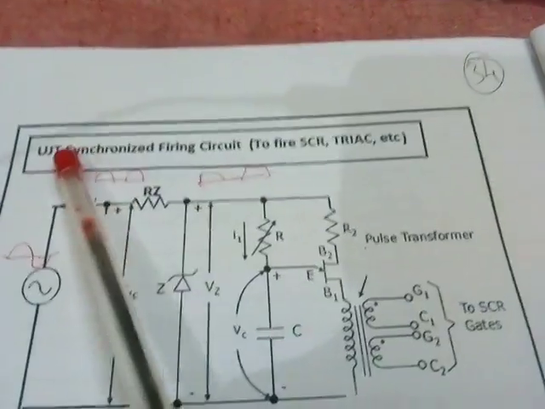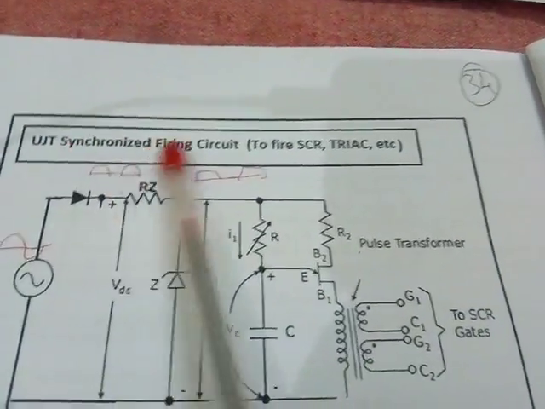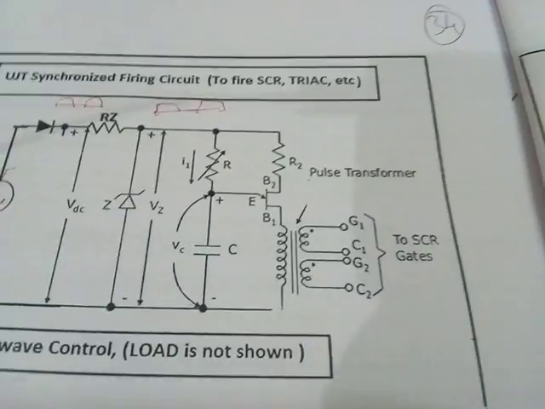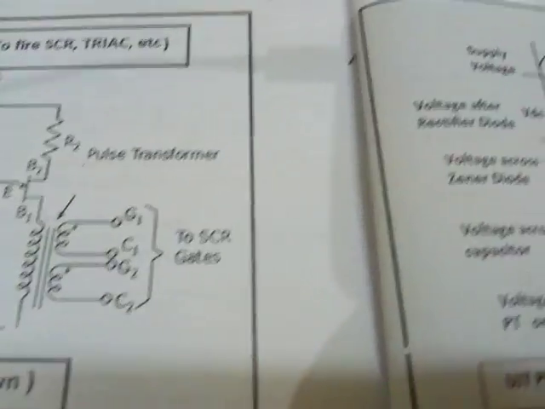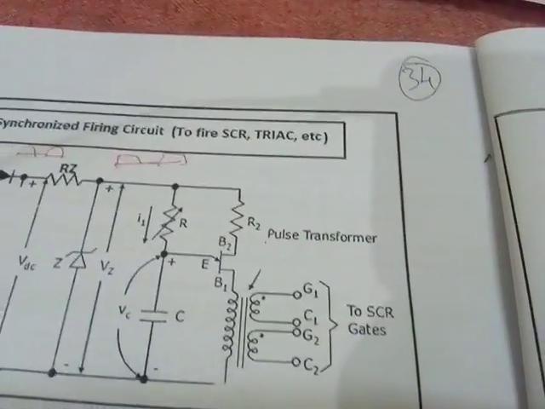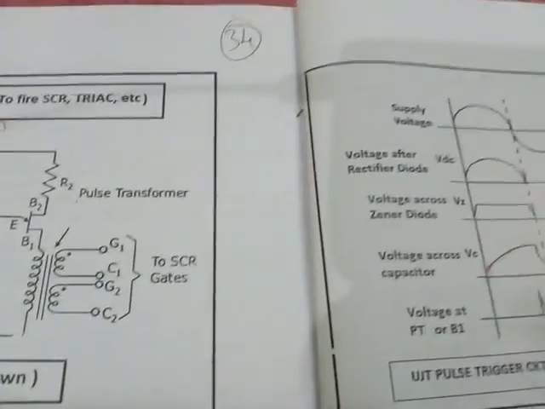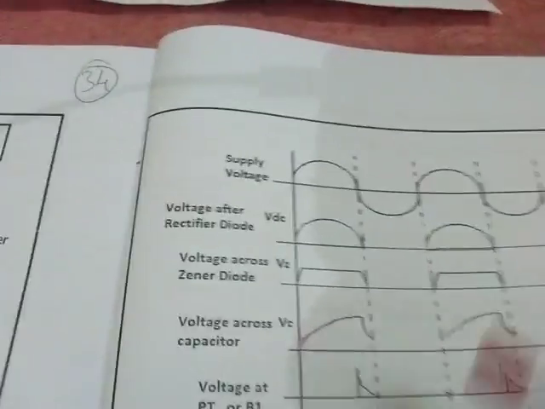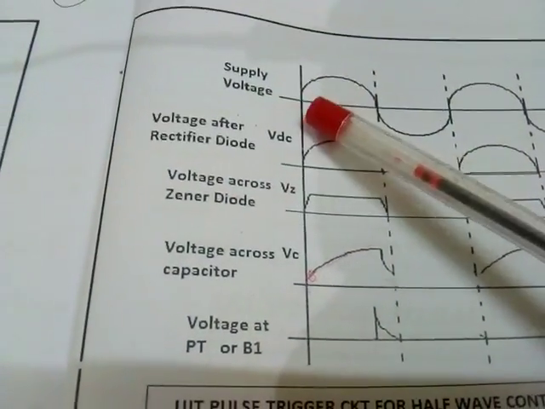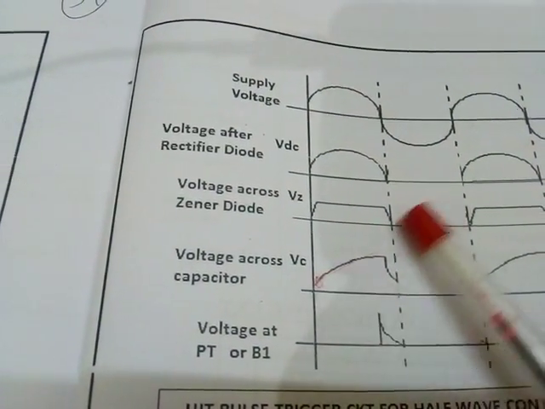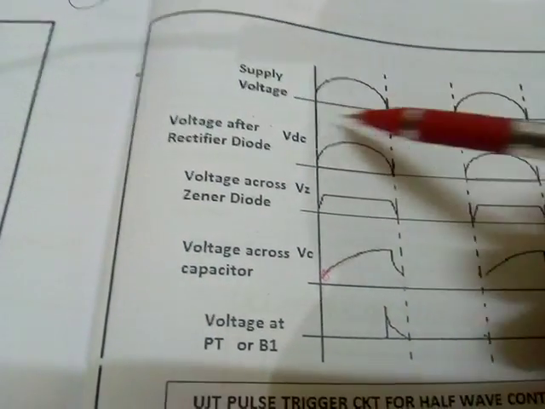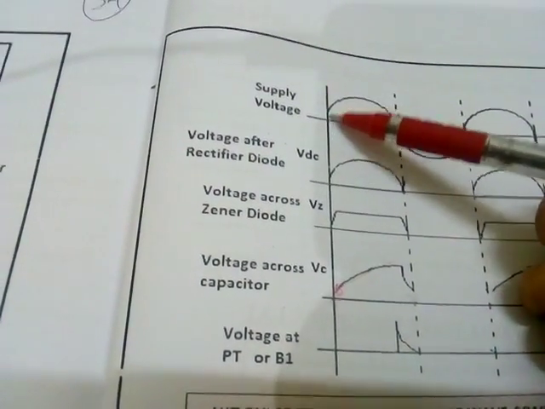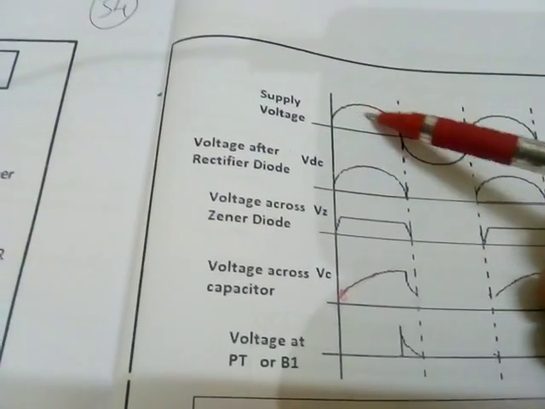This is called a synchronized firing circuit. The word synchronization is understood even if it is not said there, because in case of AC, synchronization is a must. It means the firing circuit or the instant of firing calculation is done with respect to the zero crossing of the AC supply.